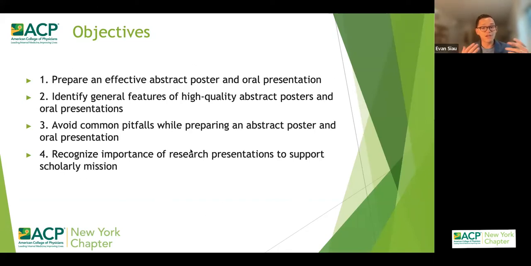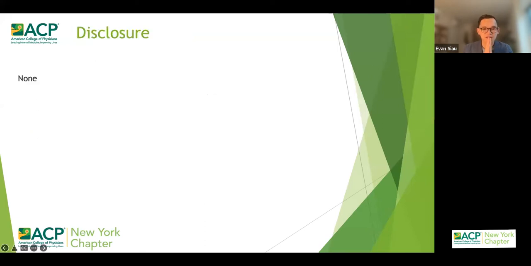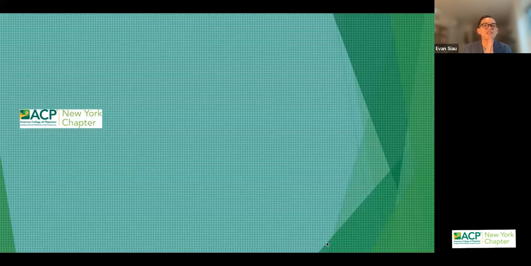So what we want to highlight here are some of the high quality features and also some of the common pitfalls that we think we should avoid when we prepare an abstract, poster, or oral presentation. Next slide, we have no financial disclosure, the three of us, and let's start.